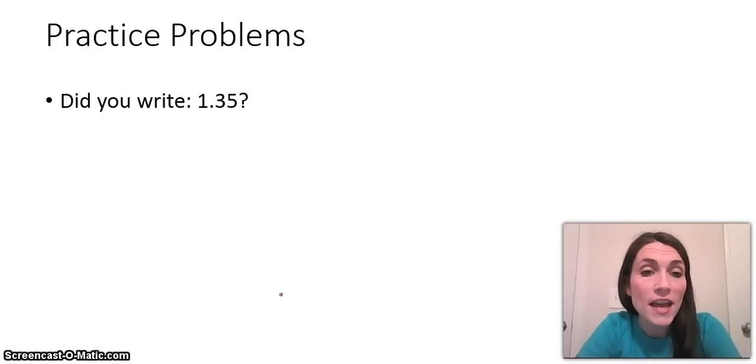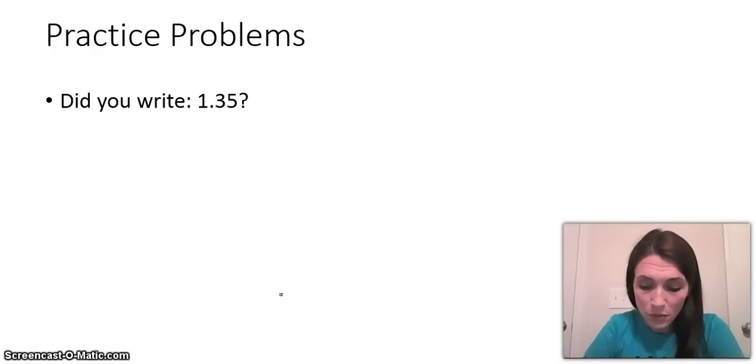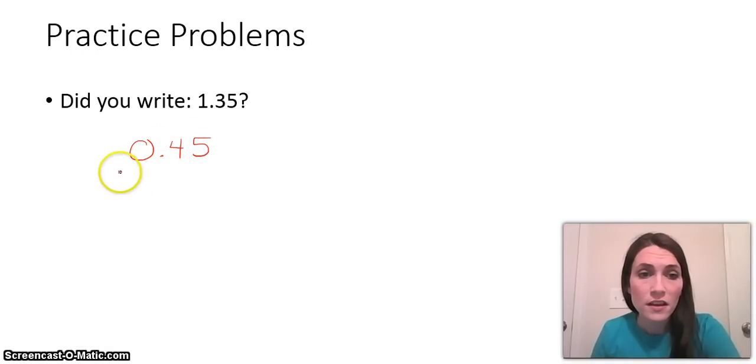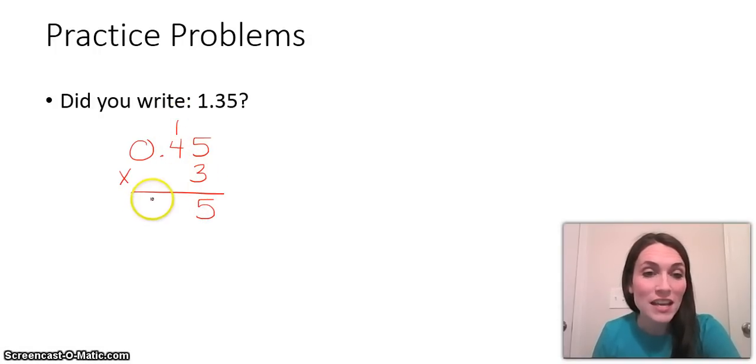Did you write 1 35/100? Well, let's look at how we got that answer. Okay, we have 45/100 times 3. 5 times 3 is 15. 4 times 3 is 12, plus one more is 13.